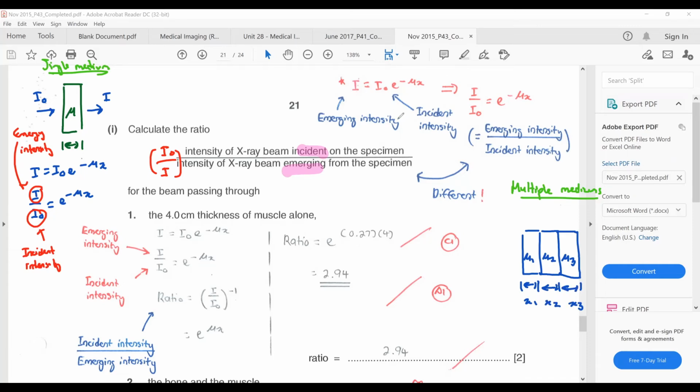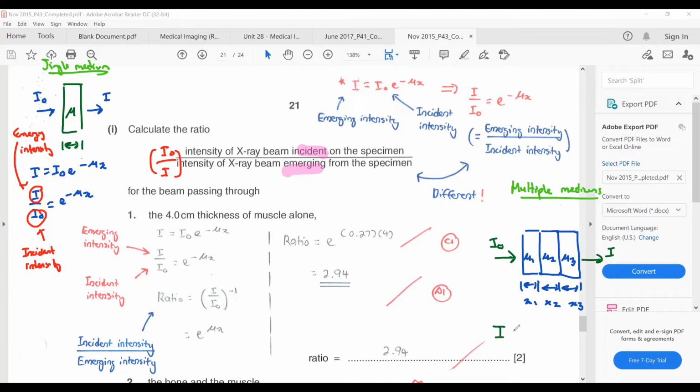You could have a case where your initial intensity will hit this one first, then it passes through medium 1, medium 2, medium 3, and then it emerges from the other end. This one is your I. So when you have multiple mediums, the relation between your emerging intensity and incident intensity will still be the same form as this. The only difference now is that you add the mu x terms together.